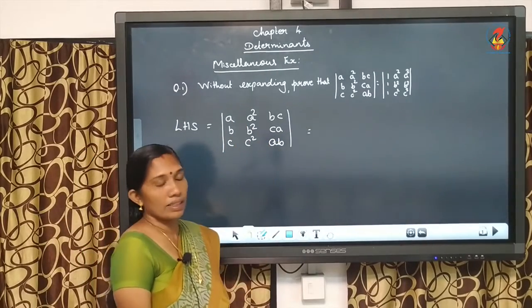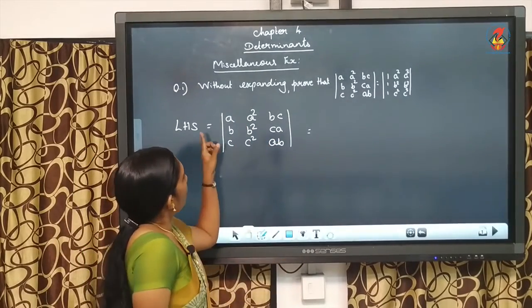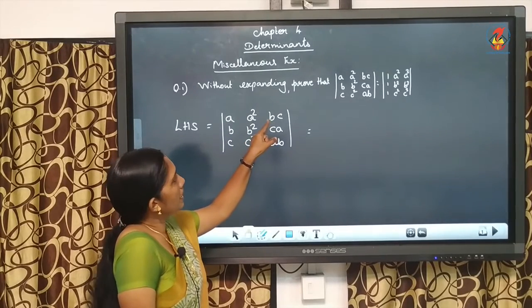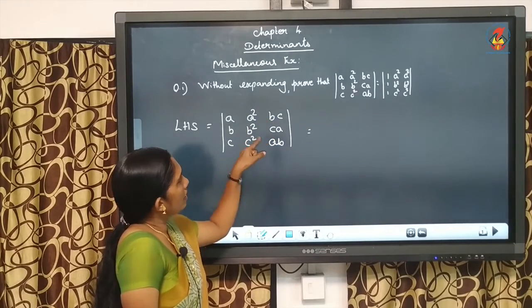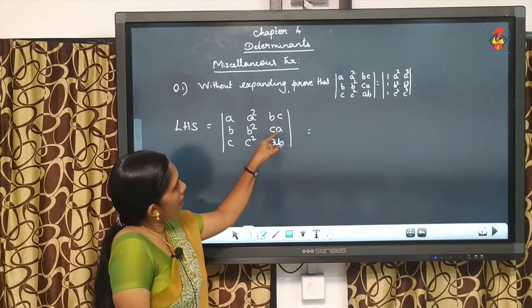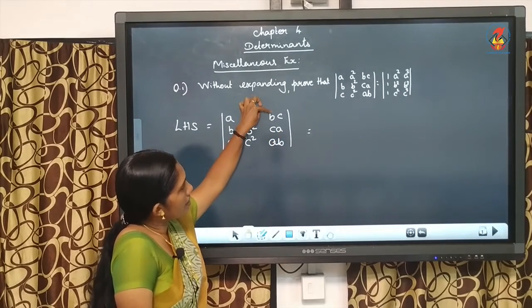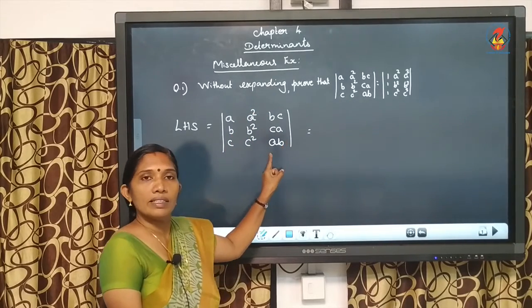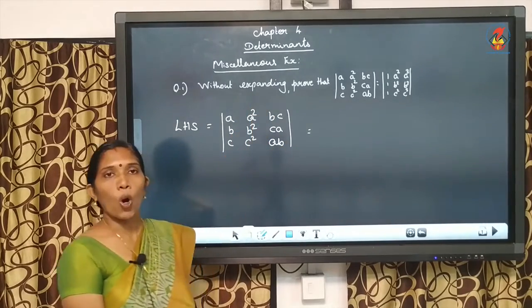In the last column, the last element is bc. If one a is here, and in the next row, ca, if one b is here, then this is abc, this also abc, and here if c is here, that is abc. So abc will be common.